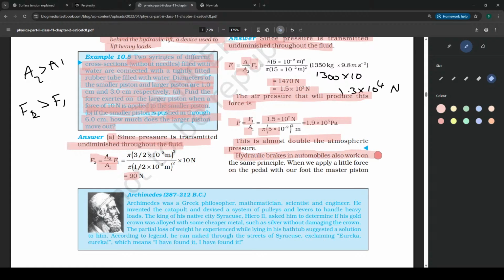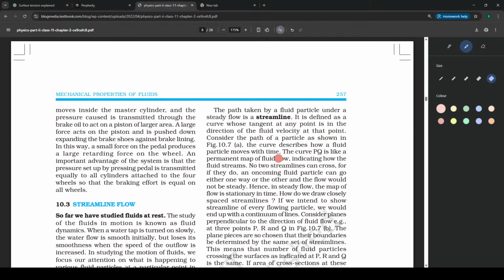Hydraulic brakes in automobiles also work on the same principle. When we apply little force on the pedal with our foot, the master piston moves inside the master cylinder, and the pressure caused is transmitted through the brake to act on a piston of a larger area. A large force acts on the piston and it is pushed down, expanding the brake shoes against the brake lining.